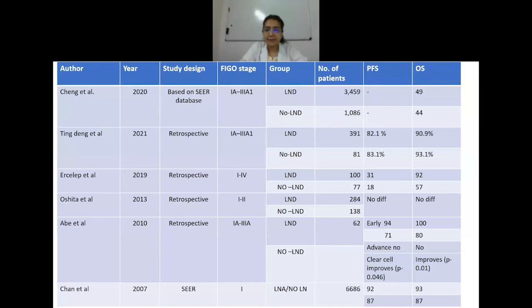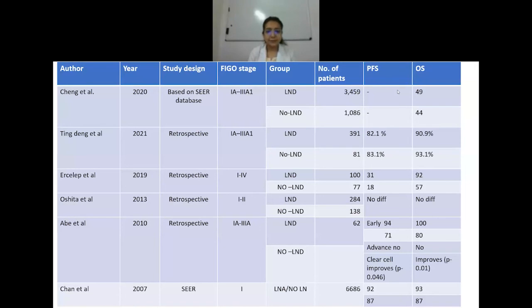Slep et al. was done in 2019. That was a retrospective analysis. There was some improvement in progression-free survival, but no benefit in overall survival was seen here. Oshita et al. was also a retrospective analysis. There was no difference in PFS and OS.